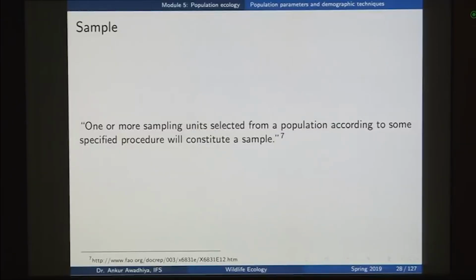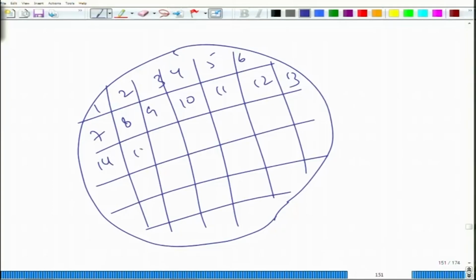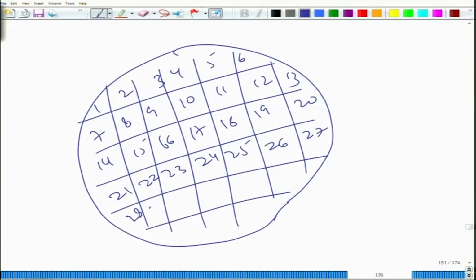Now, a sample is one or more sampling units that is selected from a population according to some specific procedure to constitute a sample. So, for instance, in this case we had 14, 15, 16, and so on up to 39.